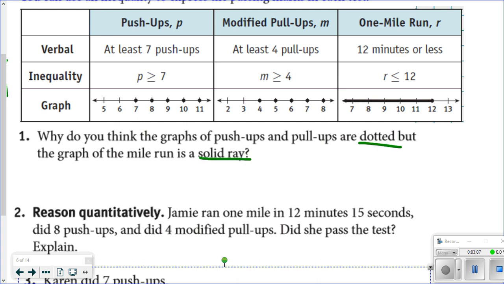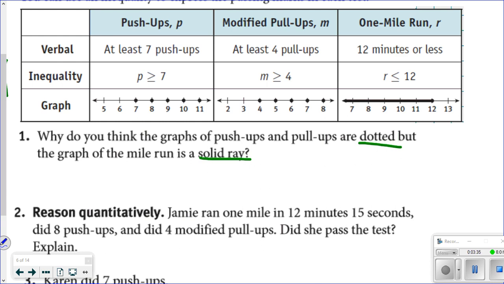So the answer to this is, if you're thinking about push-ups and pull-ups, and maybe you're in gym class or you're at a workout for a sports team, if you do 3 pull-ups and you're halfway up and you can't quite make it, you're not going to write down that you did 3.5. You're going to write down 3. You didn't quite make it to 4.